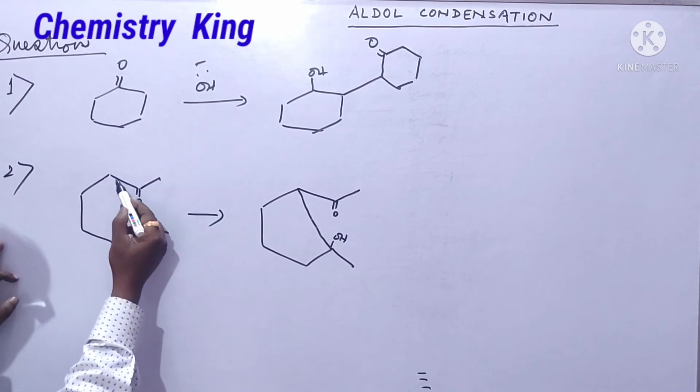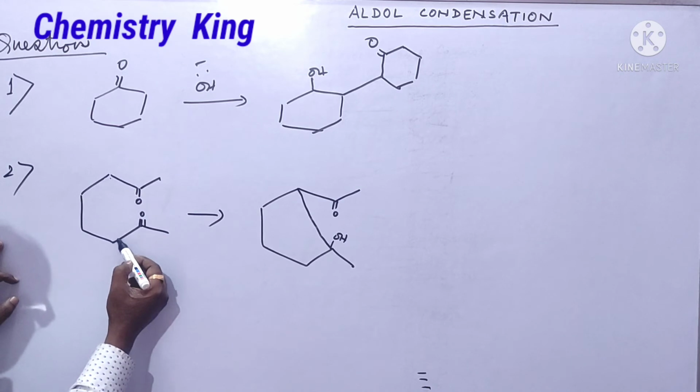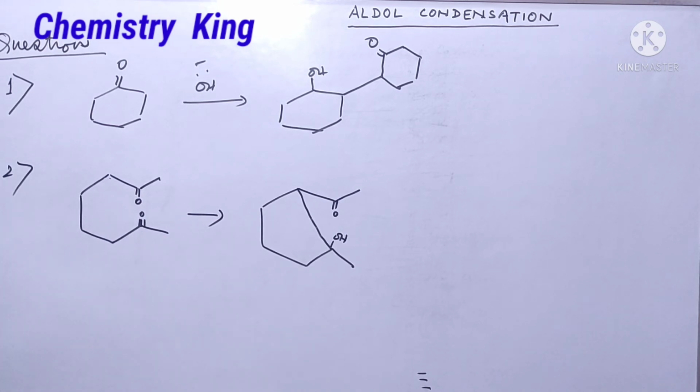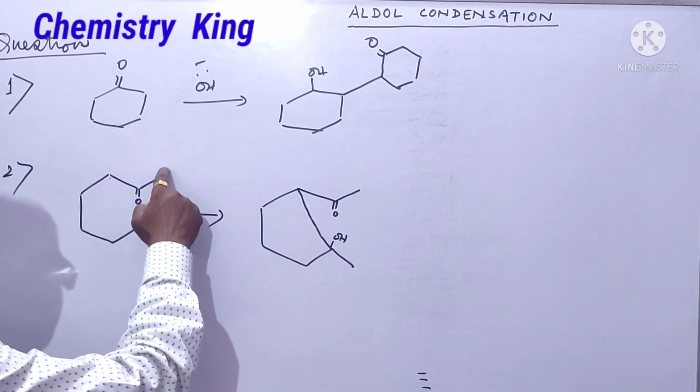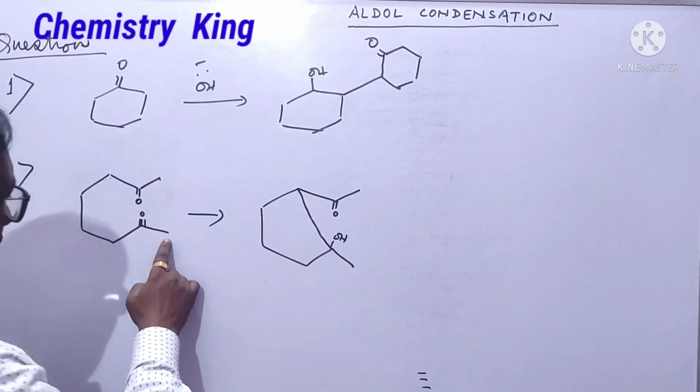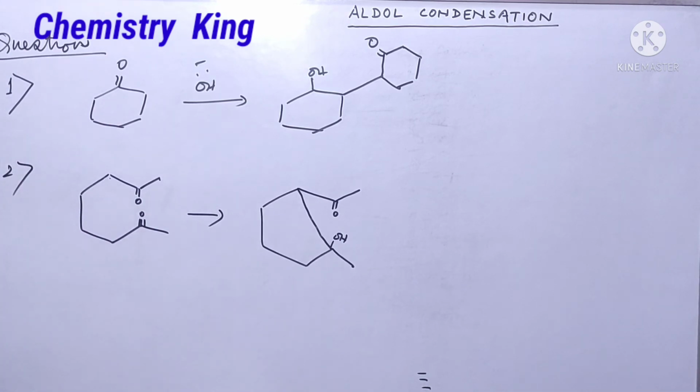Then 1, 2, 3, 4, 5, 6, 7. A 7-membered ring is produced. And you know that a 5-membered or 6-membered ring is more stable than a 7-membered ring. So it will be the product. Never will the negative charge be here or here.